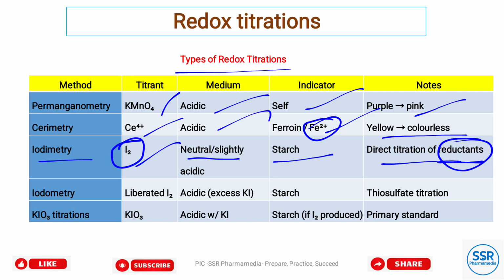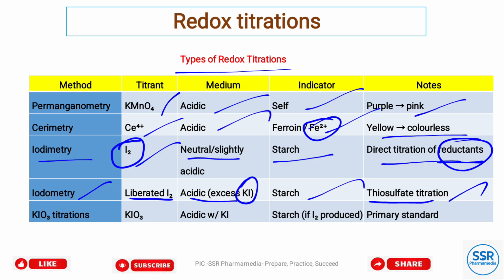Iodometry means the liberated iodine is titrated with sodium thiosulfate. It takes place under acidic conditions using excess potassium iodide solution, and starch is used as the indicator. Sodium thiosulfate is the titrant.